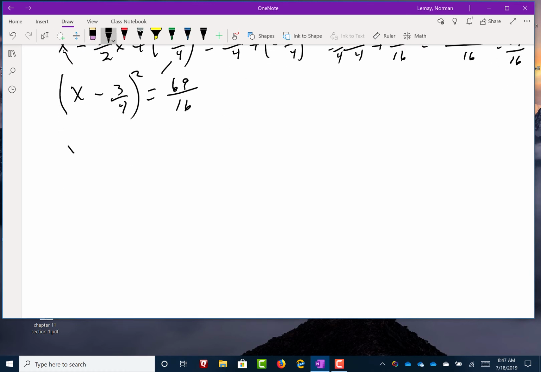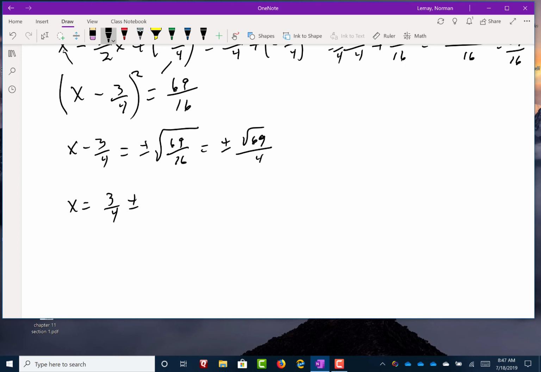So take the square root. x minus 3/4 is going to equal plus or minus the square root of 69 over 16, which is plus or minus the square root of 69 over 4. So now we get x equals 3/4 plus or minus root 69 divided by 4.